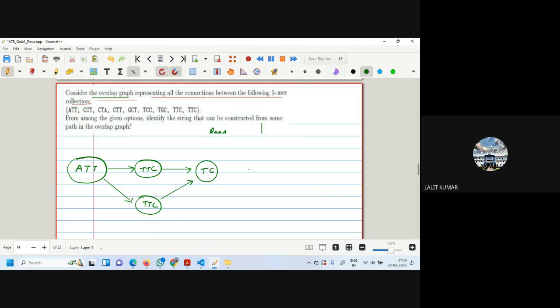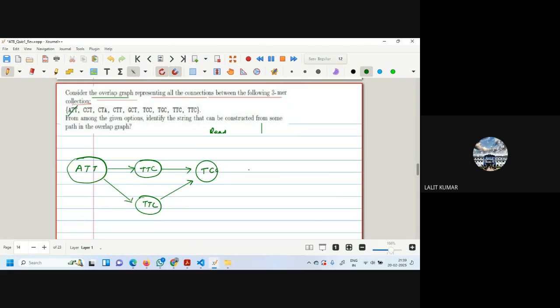Yeah. Okay, so what we do, we start with ATT. From ATT, I can go to TTC, and TTC twice. From TTC, I can go to TCC only. So both TTC will lead to TCC.